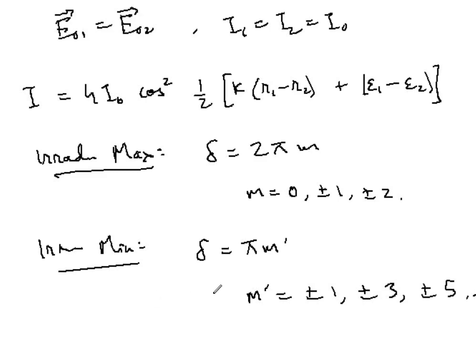In fact, we can write m prime is equal to twice m plus 1. See, this matches. Now let me rewrite these two expressions using the values of m that I have shown you.